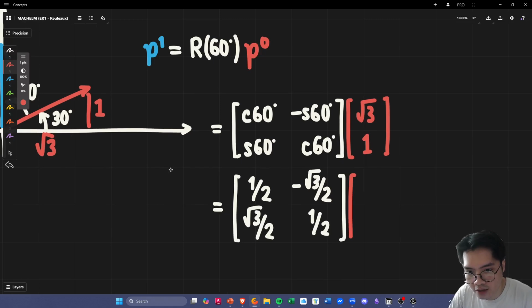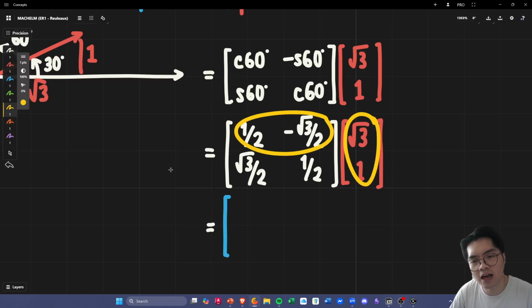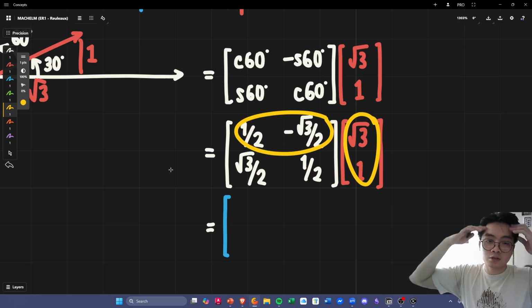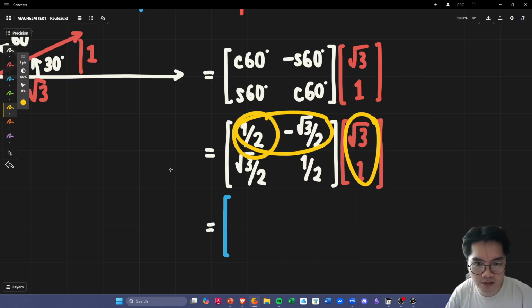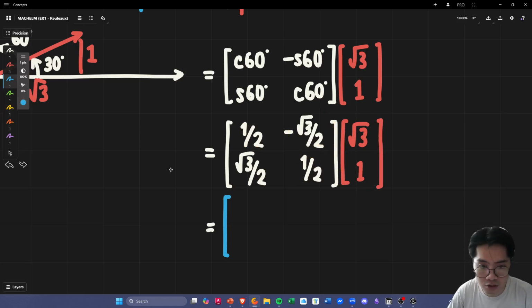So let's combine all of these things together. We will have this first: square root of 3 over 2 times this, square root of 3 over 2, and then this times this is negative square root of 3 over 2, which means if you add them together, you will get 0.